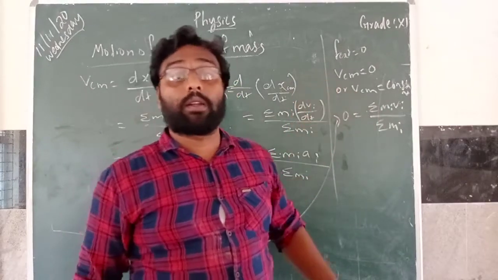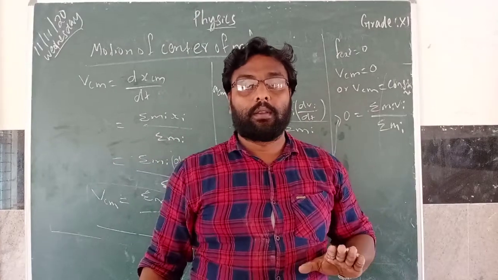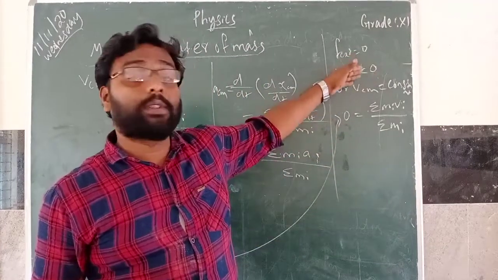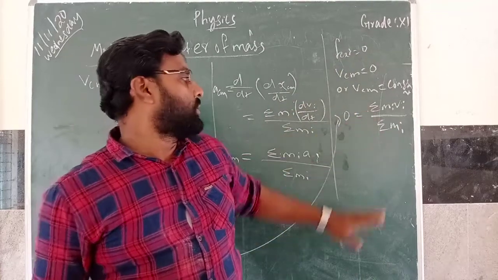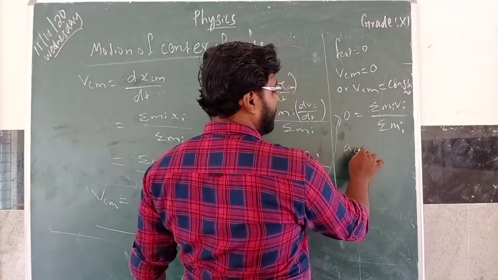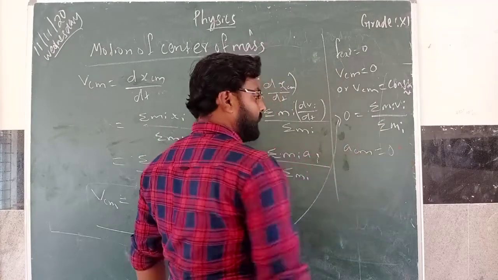Internal force means the center of mass will not change. The center of mass will be at rest, which means the velocity Vcm is 0 or constant. So you can write 0 equal to sigma mi vi by sigma mi. So the acceleration acm will also be 0.